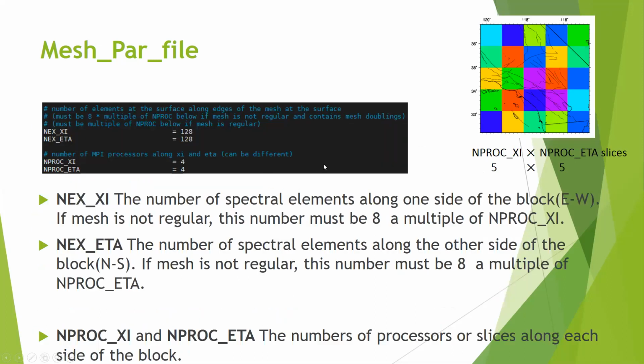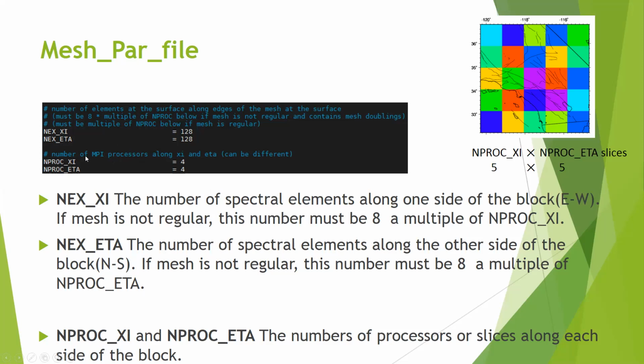Next step, you can define how many elements are in this model. Here are 2 parameters to define the number of spectral elements along the 2 sides of your block. The first one is the east direction, and the second parameter is the north-south direction.